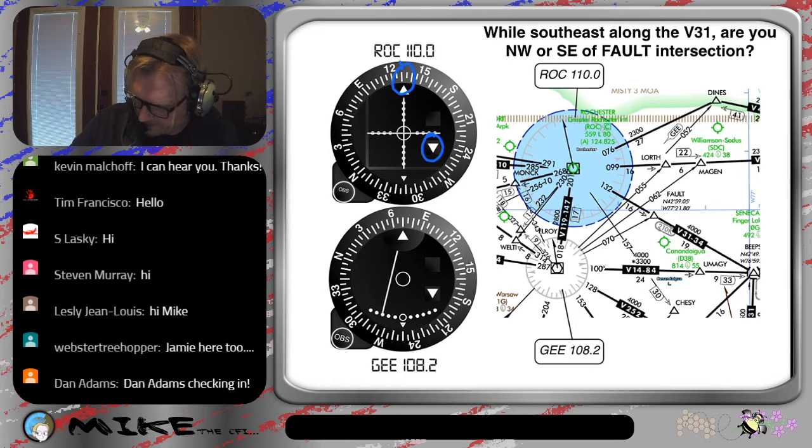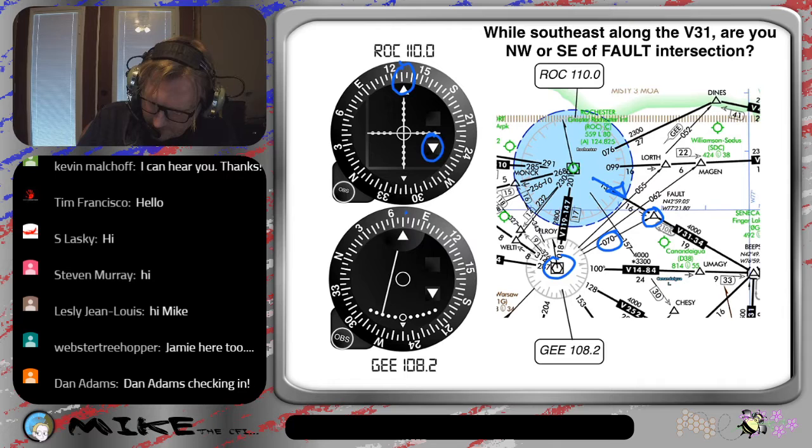So pretend that we're heading that direction, and it shows us to be right on course. And Fault intersection is indicated right here, and it's referenced by the 070 radial off of the Geneseo VOR.